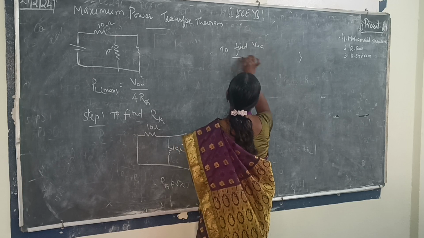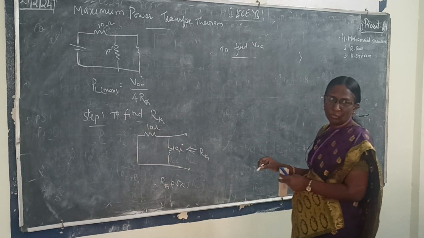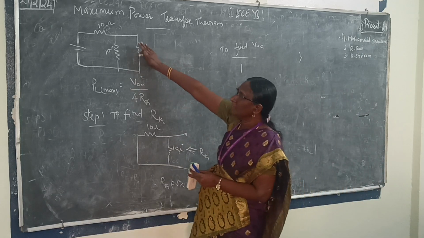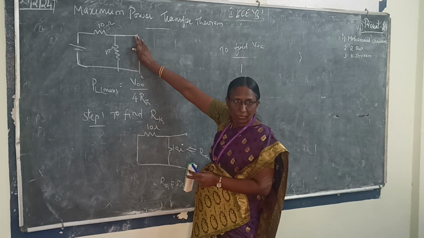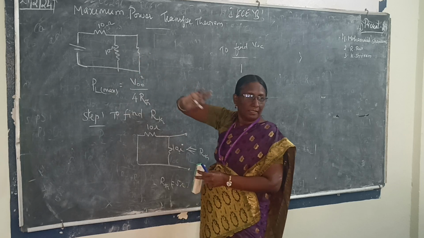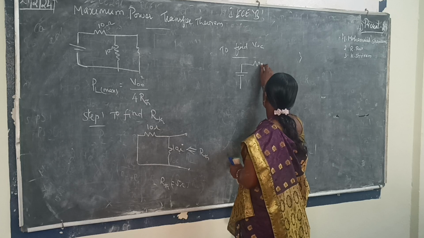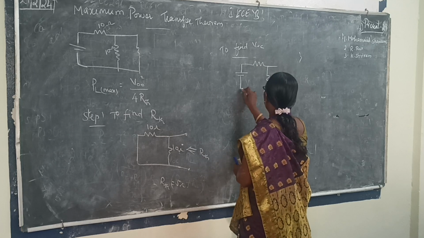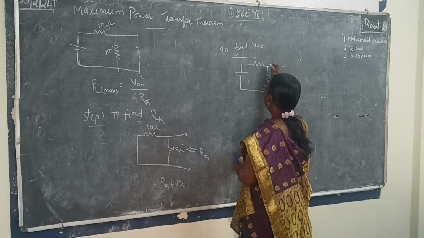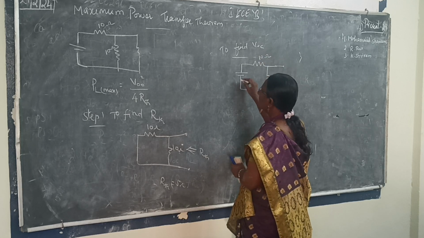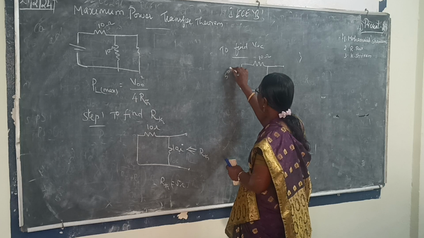To find VOC, the procedure is to remove the load resistance alone. Removing the load resistance means you have to remove this load resistance alone. Draw the other components as they are. Then 10 ohm, 10 ohm, this is 50 volt.